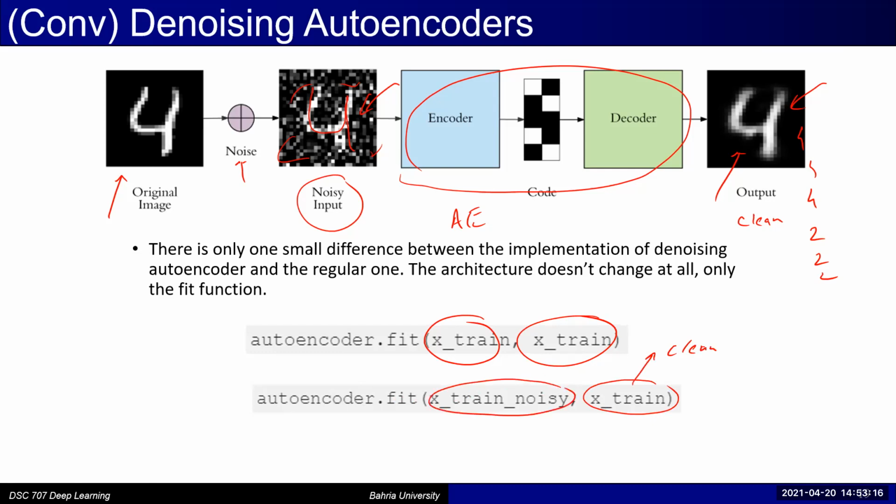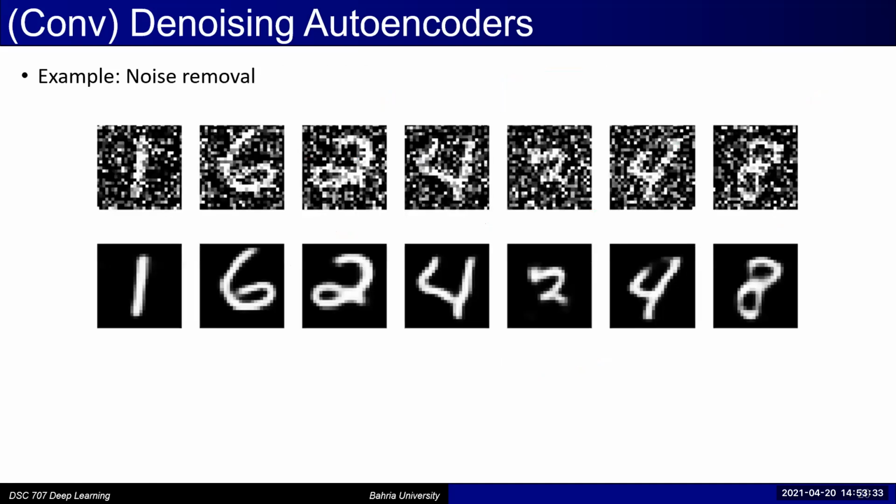So in input we have a noisy image, but as target we are giving a clean image. It will force the autoencoder to learn a robust representation, of what actually is the useful information in this image which I should keep and which I should discard.